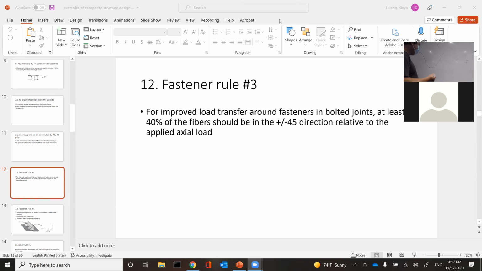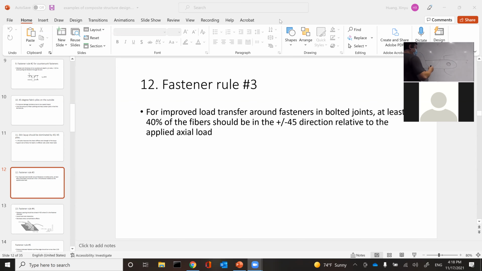All right. Let's say this is a lug. Let's say this is a blade of a helicopter. This is a hole that actually joins to whatever the holding structure is. There's a pin that connects them, right?